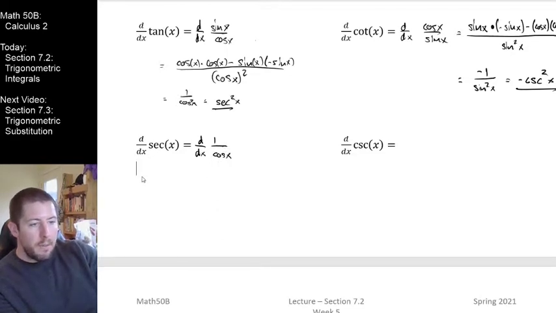I'm going to do my low d high minus high d low over low squared. Low d high minus high d low, all over low squared.